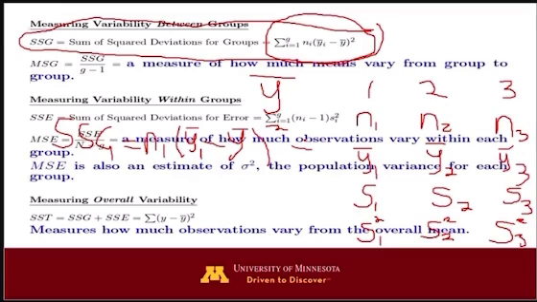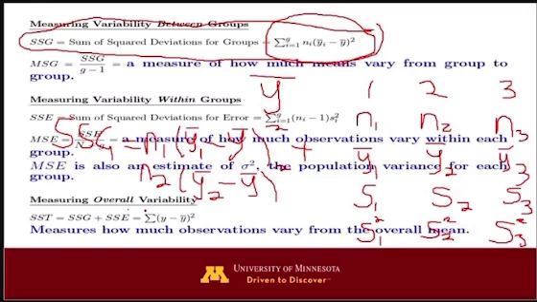Then I'm going to add, for group two, N2 times the sample mean for group two minus the overall mean, squared again.